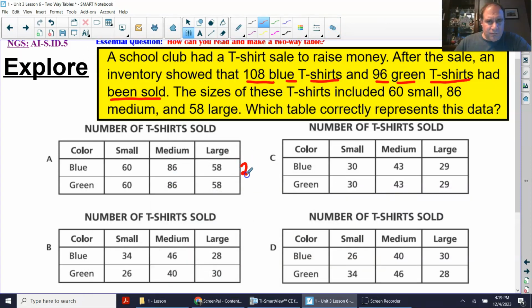So this total for the blue t-shirts here is 204. They said that 108 were sold. This can't be the answer. All right, so that's out. I don't have to check anything else.